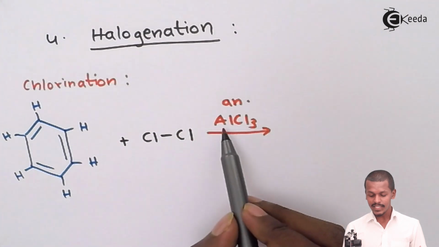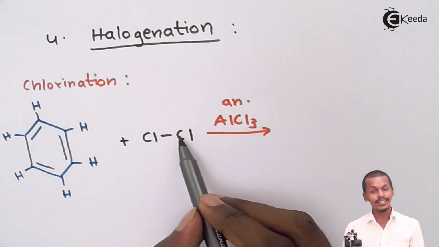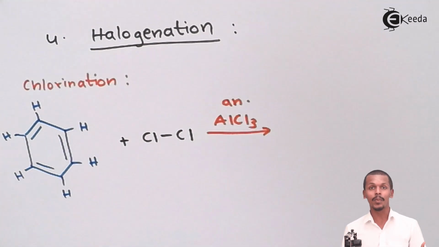That means this AlCl3 will be very beneficial for us to take this Cl with it, so as to form a Cl plus ion, and that will turn into basically an electrophile, and that's the reason electrophilic substitution would take place by removal of one hydrogen, that is deprotonation will also happen in that case.